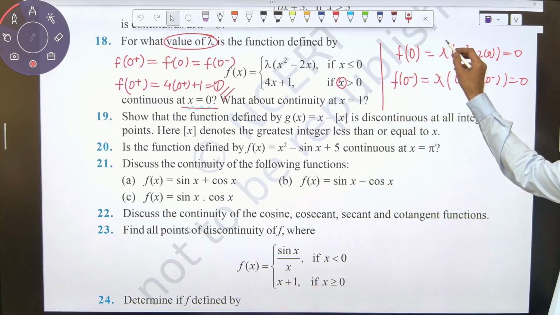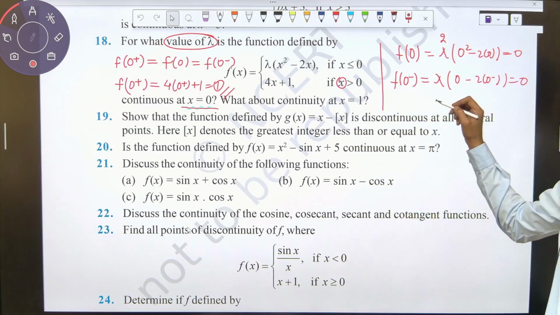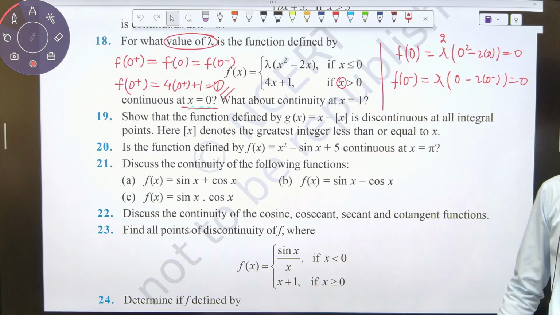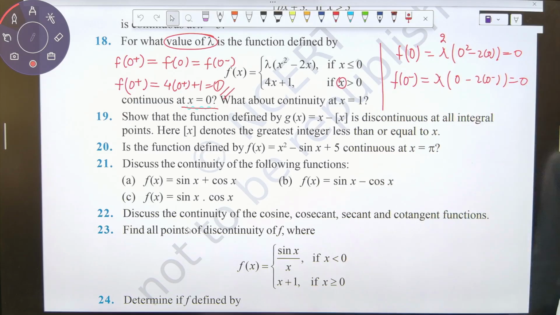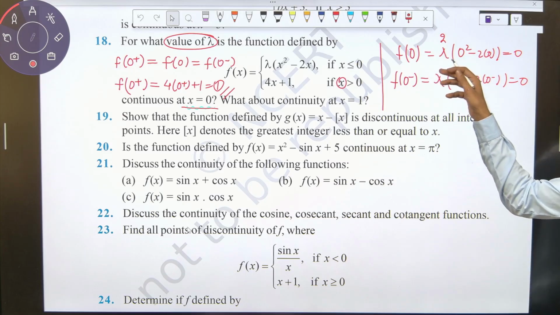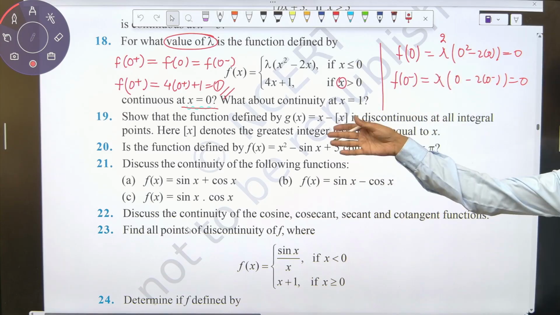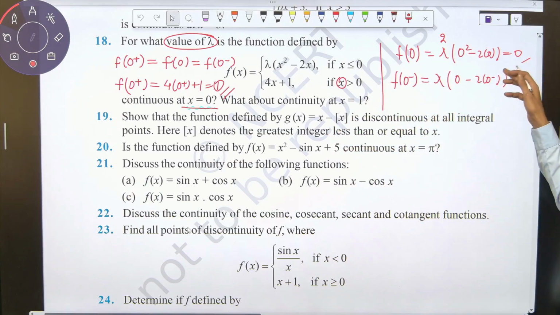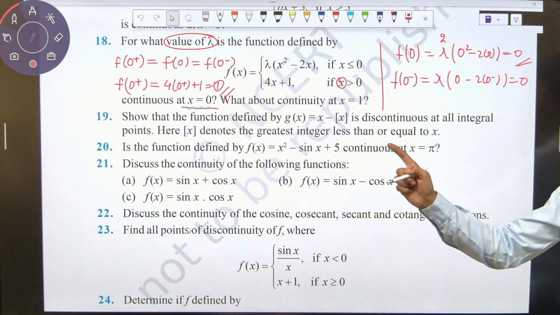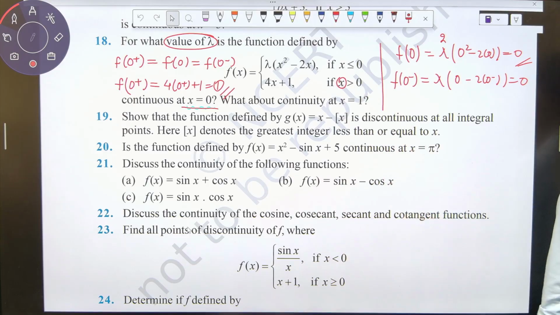Suppose lambda is 2, 2 into 0. Suppose lambda is 3, 3 into 0. Lambda is 4, 4 into 0. Lambda is 5, 5 into 0. Any number you give to lambda, it will change to 0, which means continuity of that function doesn't depend on lambda.